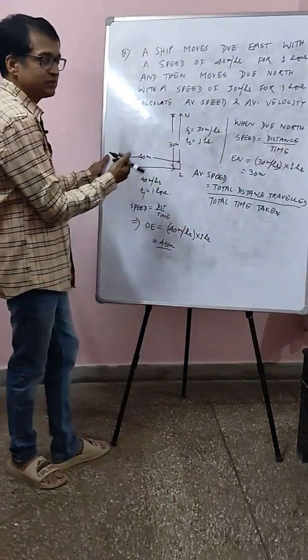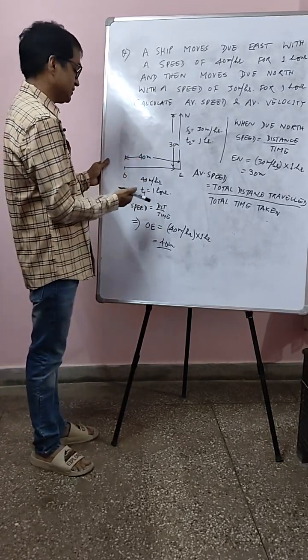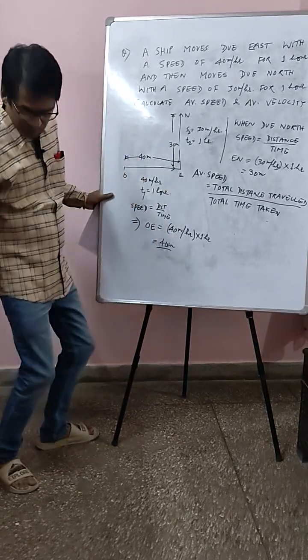So we use the same formula: average speed is total distance traveled upon total time taken.